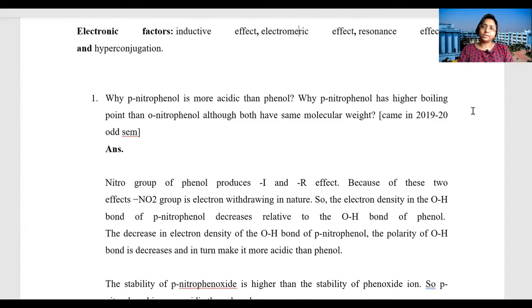From the stability you can also understand which one is more acidic or which one is more basic. So here our question is why para-nitrophenol is more acidic than phenol. What is the difference in their structure? You have to think about that. First, look at the structure.